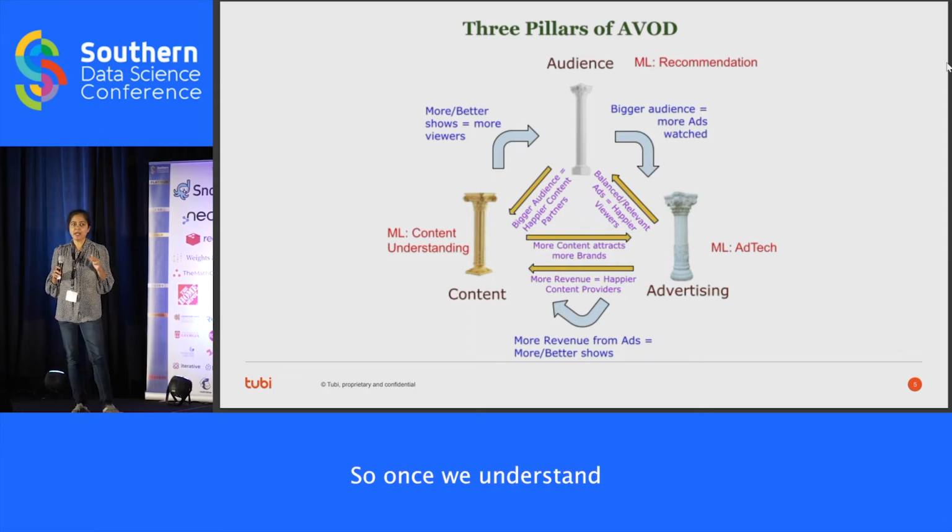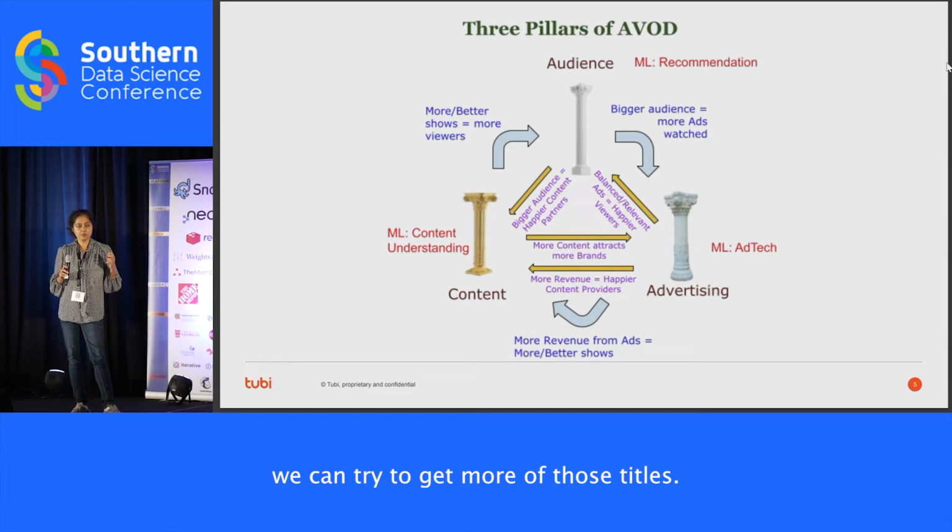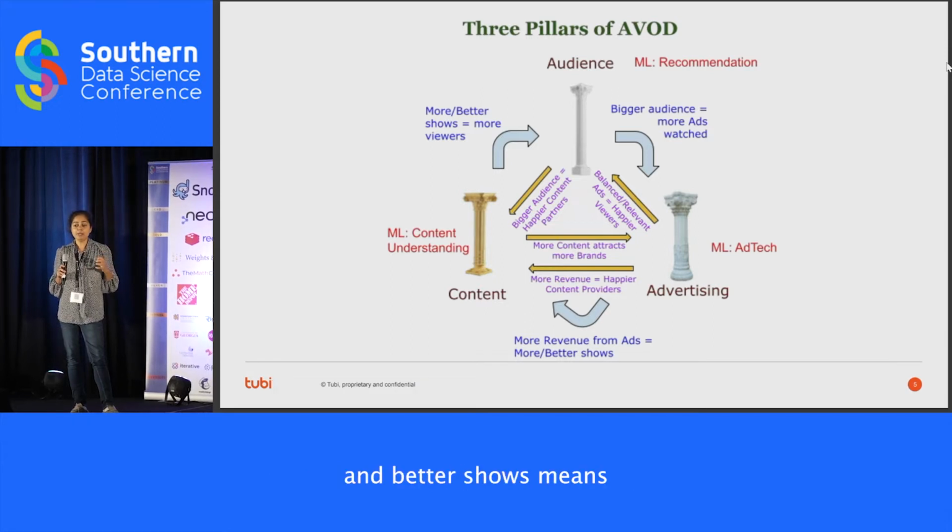Once we understand what titles resonate well with our audience, we can try to get more of those titles, and more and better shows means we can retain the users much better. And not just that, maybe we can even attract more new viewers.